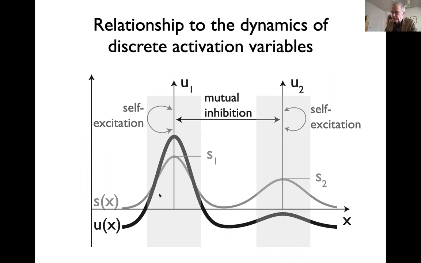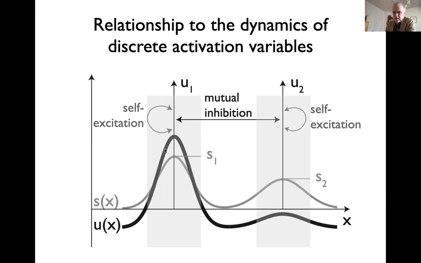I showed this graph before. I wanted to connect back to what you learned in the first neurodynamics lecture 2 weeks ago. There we talked about one neuron and another neuron, right? These were self-excitatory, and then under some conditions they were mutually inhibitory. If you think of these neurons as representing local regions, then the self-excitation was an effective, approximate description of what the field would do, with different locations within that region exciting each other, and the whole activation in that region captured by that one activation variable.